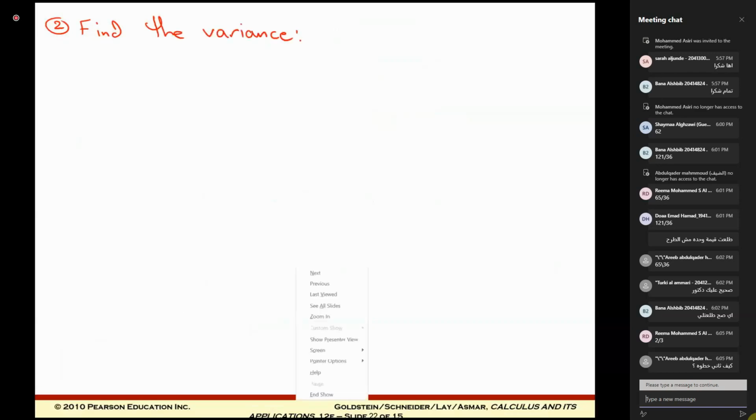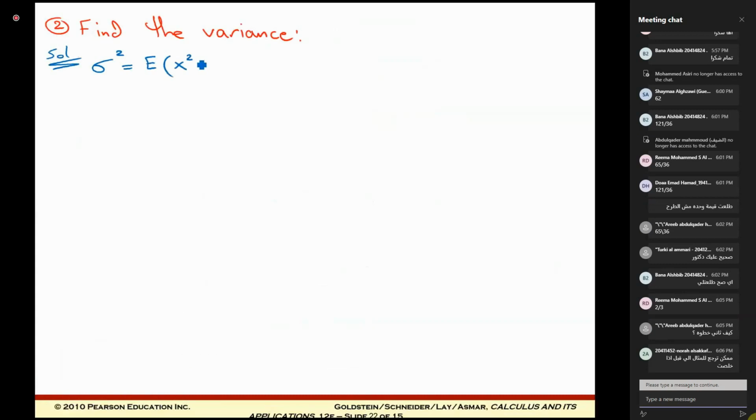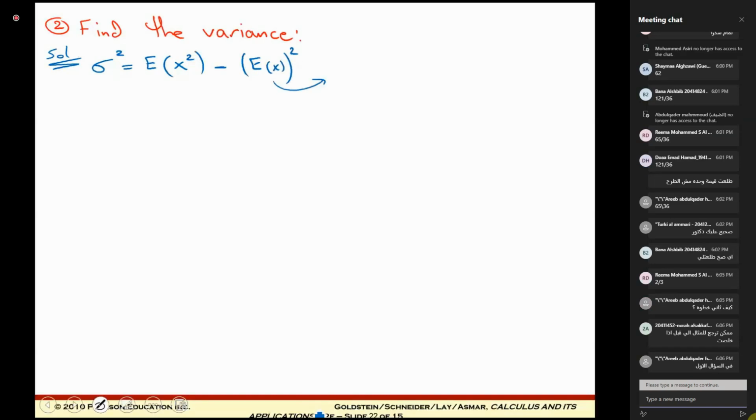To find the variance we must find the expected value of X square minus the expected value all square, but we already have E of X equal 2 over 3. So now we just need to find E of X square.